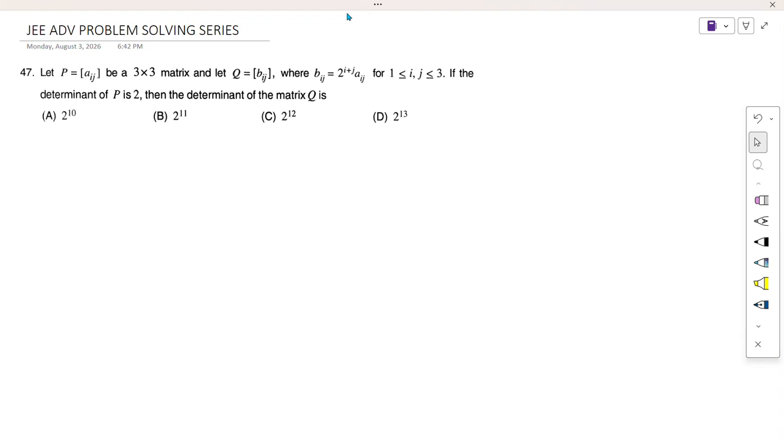Okay, so let us start to revise a very simple concept of determinants which can be used in various bigger problems. So I chose this question which was from J Advanced 2012.